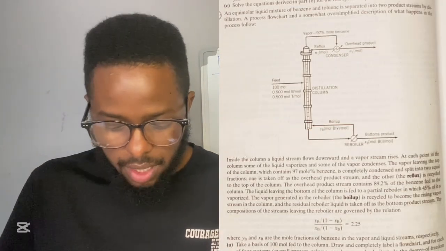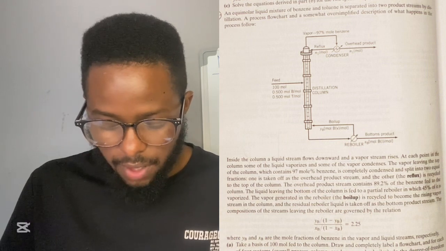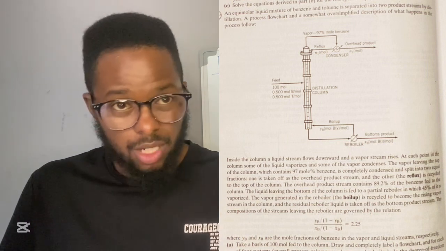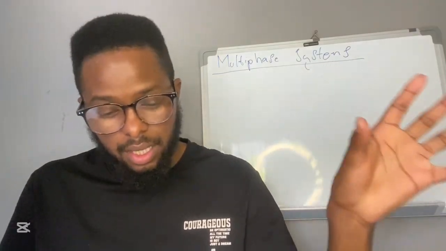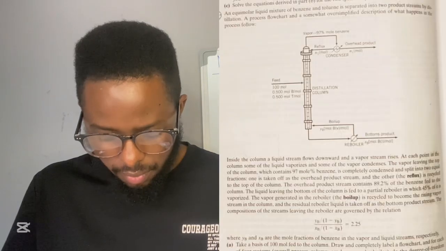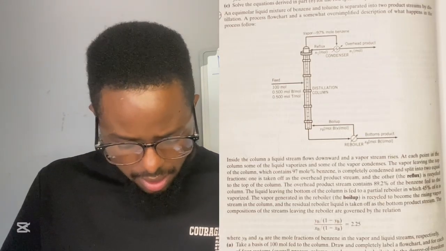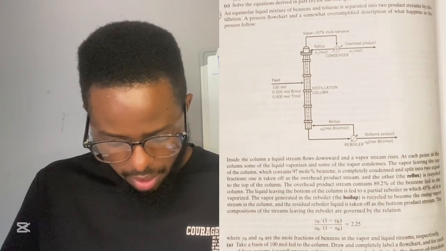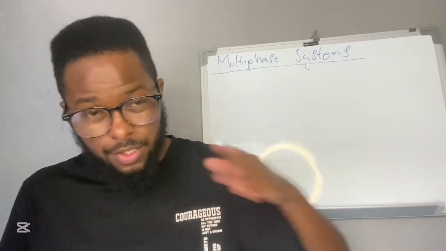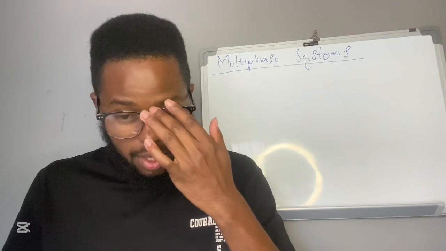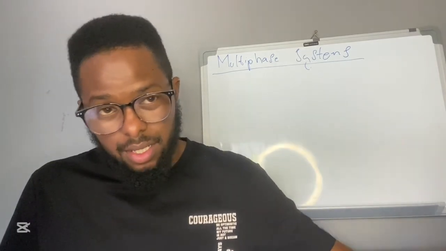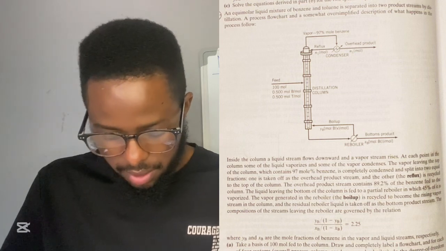A process flow chart and somewhat oversimplified description of what happens in the process flow. As I've said, I'm gonna be posting the clips of what I'm reading right down here, so you guys can see. And then they're saying inside the column, liquid stream flows downward and the vapor stream rises. As you guys know from the theory of distillation, liquid goes down, the vapor rises, right?